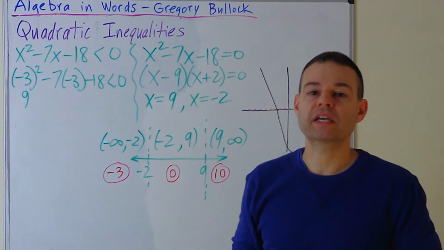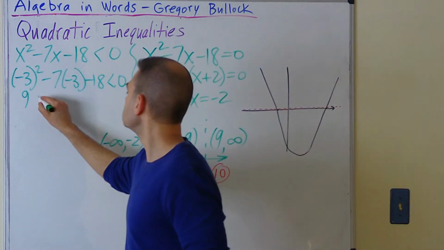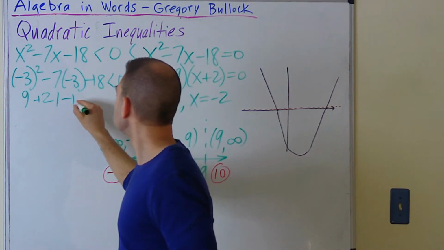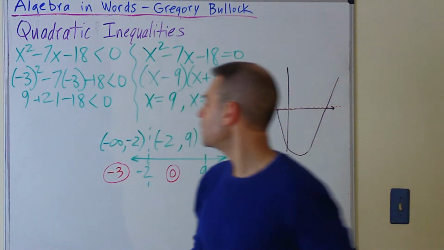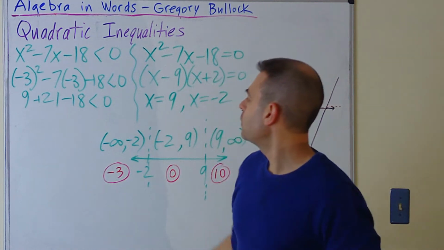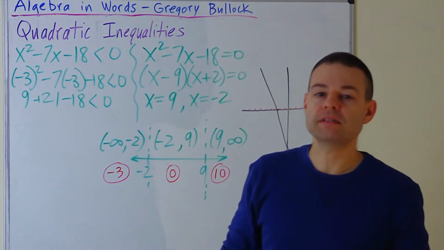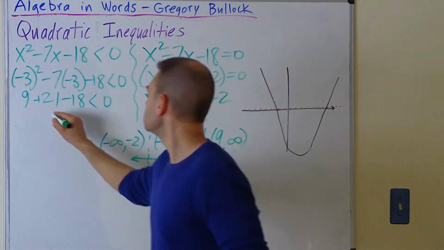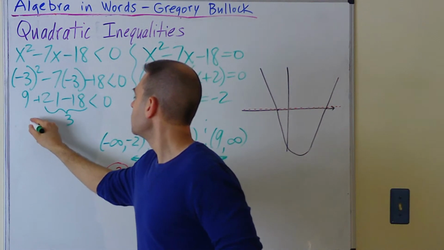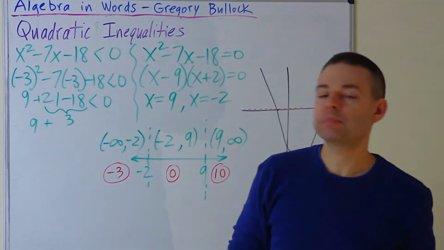Negative 7 times negative 3 is 21. And minus 18 is less than 0. Okay? So then if we do 21 minus 18, we get 3. And 9 plus 3 is 12.